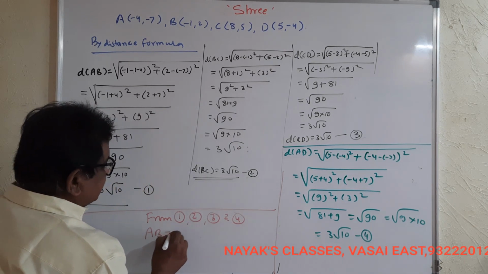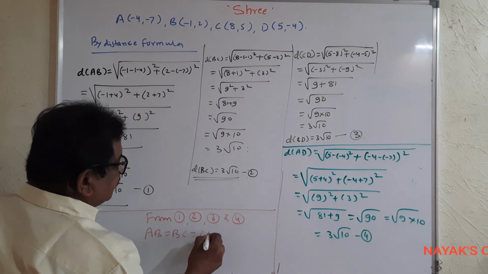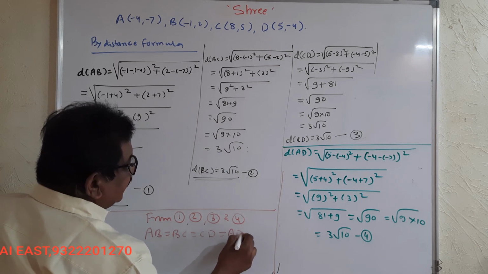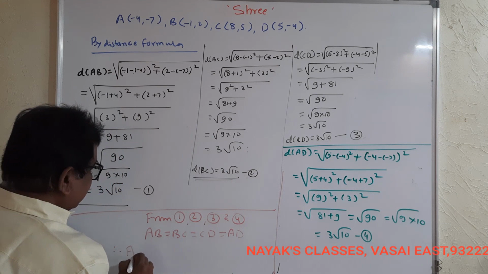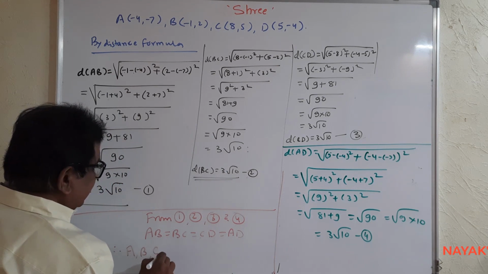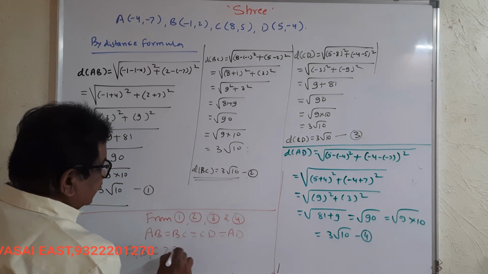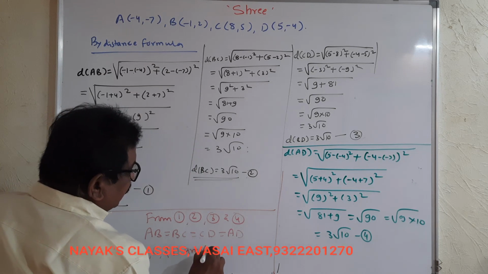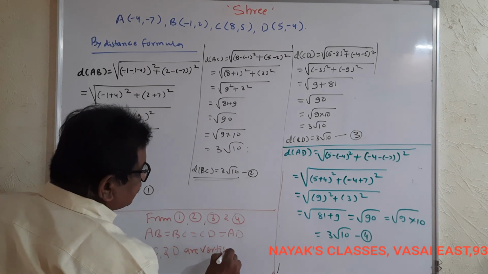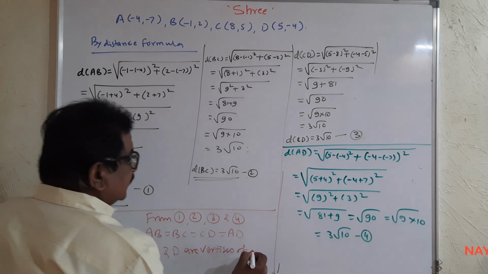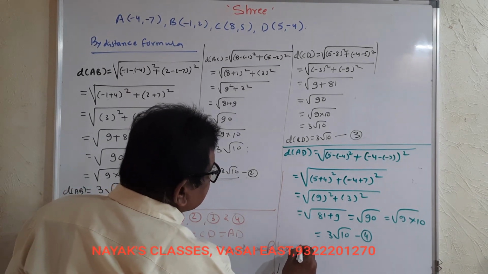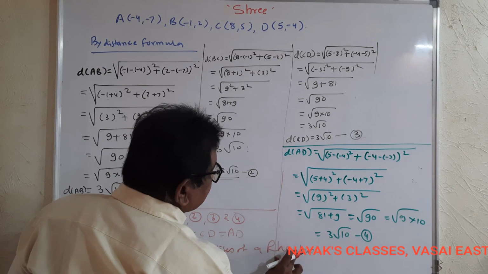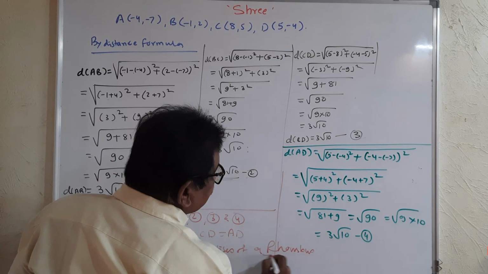AB is equal to BC is equal to CD is equal to AD. Therefore, points A, B, C and D are vertices of a rhombus.